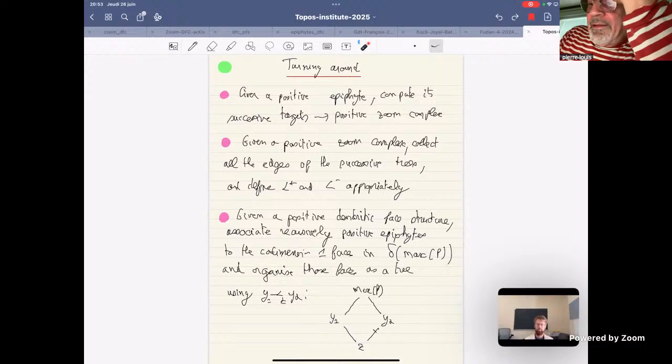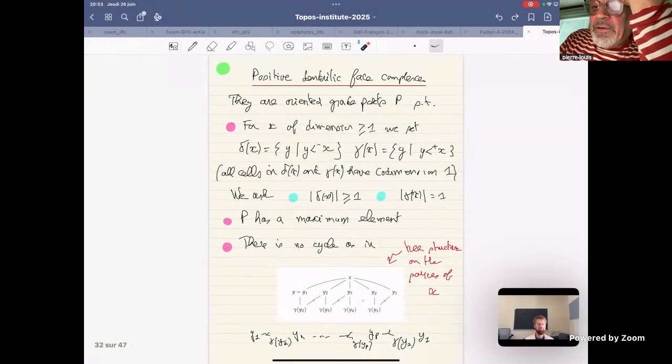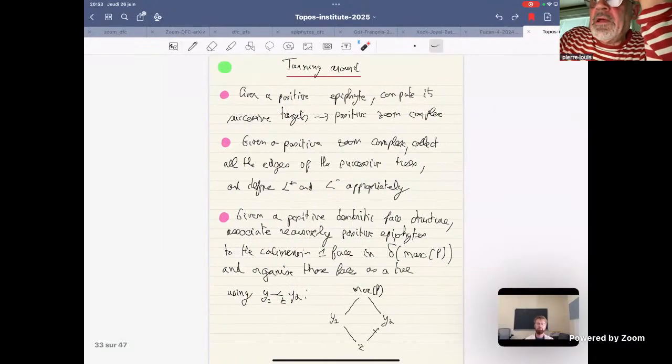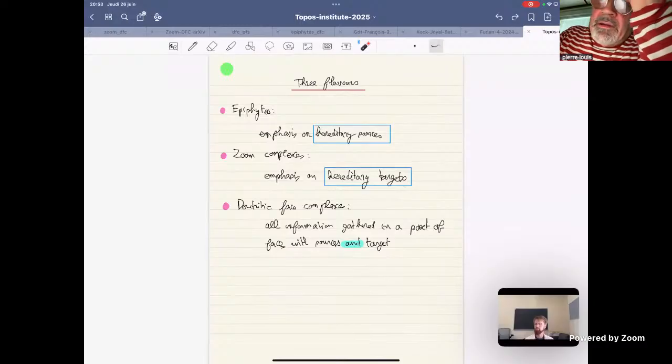And then it's also easy to see that these codimension 1 faces are organized as a tree precisely because of this no cycle condition.